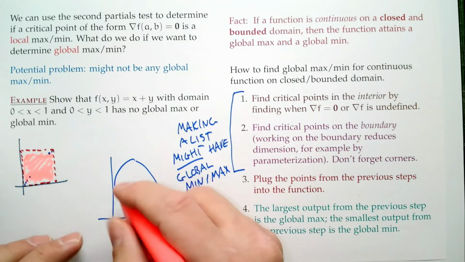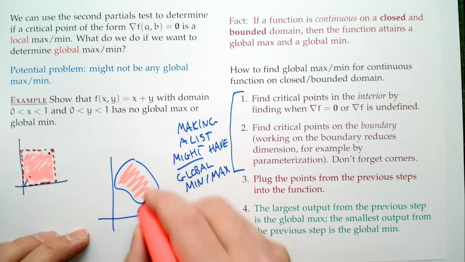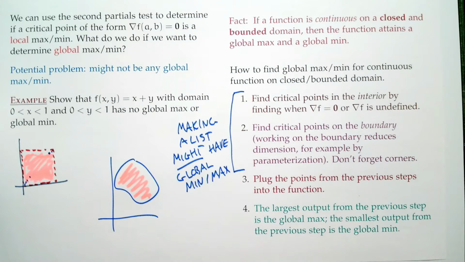The interior is where we do gradient equals 0 or gradient undefined. The boundary, this edge here, is a one-dimensional object. It's essentially a curve. And we have tools to figure out where max and mins can occur in one-dimensional objects, so we use those tools.